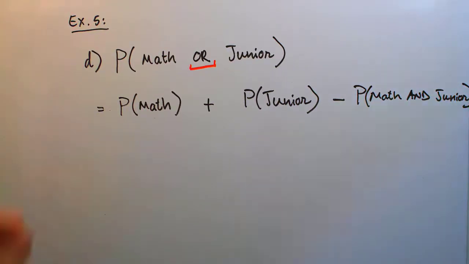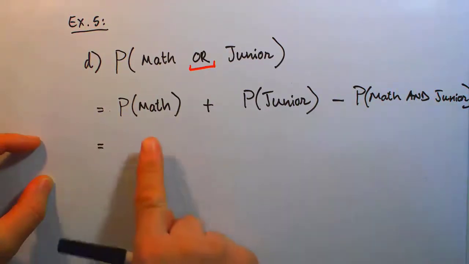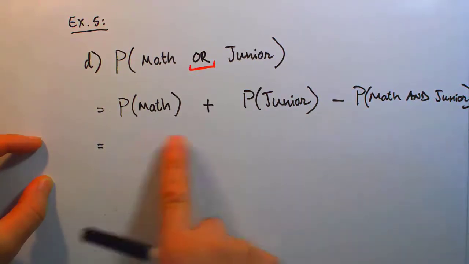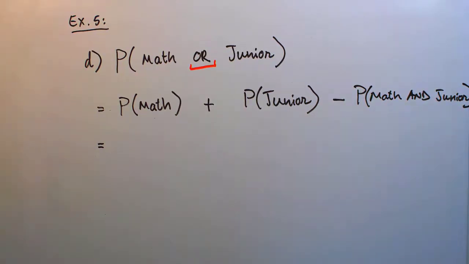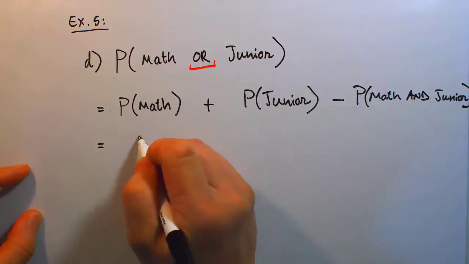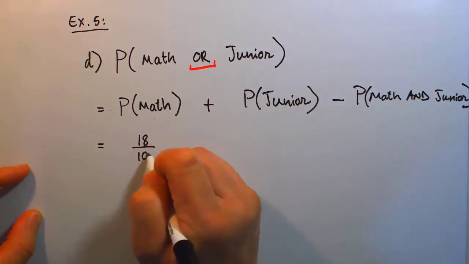In that way, laying down the addition rule right here, we can easily find each one of these probabilities using the method that we have seen back in questions A and B previously. Once again, allow me to highlight my rows and my column. The math major is in this column right here, where it runs all the way down to the column total, being 18 out of 104.